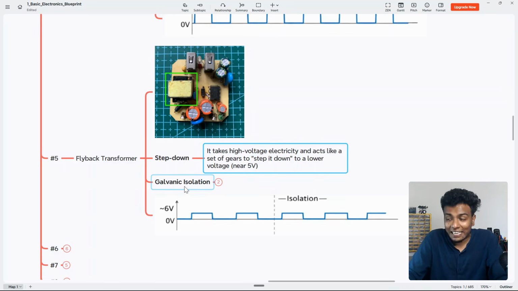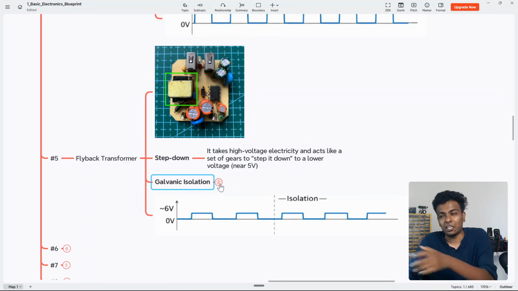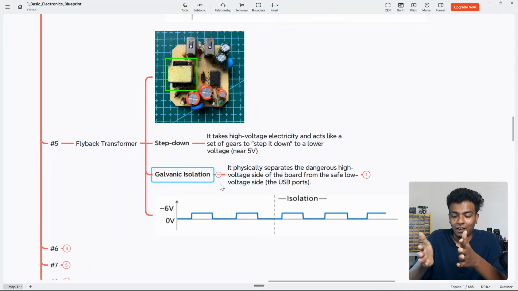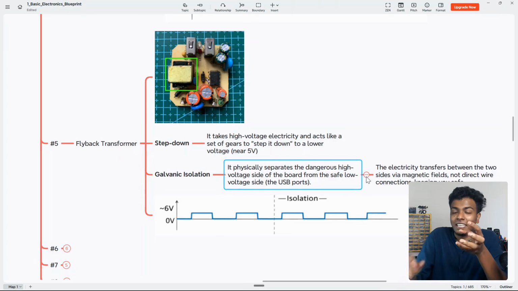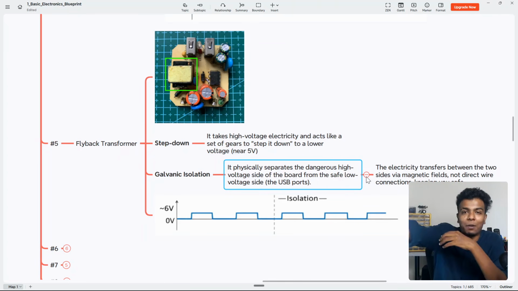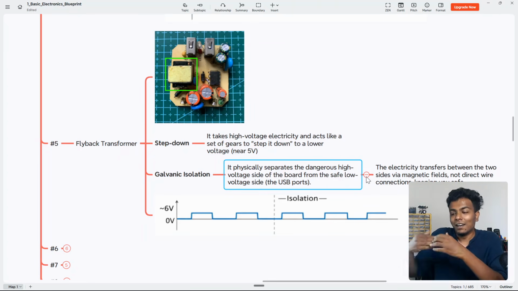Okay, and even when talking about the transformer, there is a concept called galvanic isolation, which is very simple: the 2 coils are not physically connected. Okay, it is split up. So even if some problem happens, it won't affect the mobile phone side.